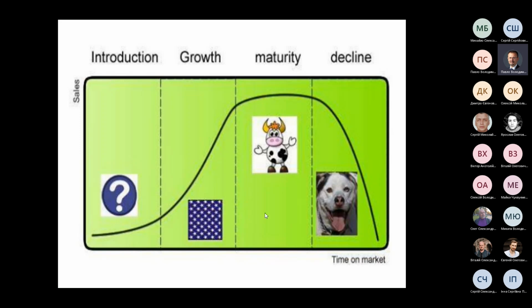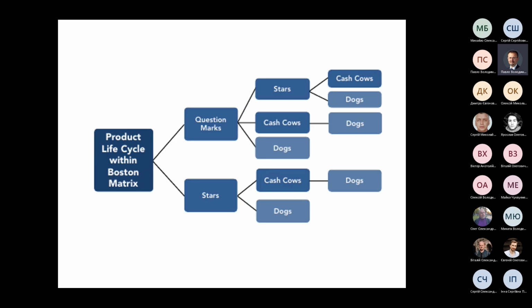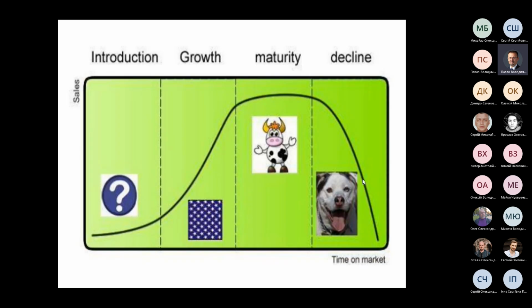And a couple of words about every strategy. Generally, the life cycle is presented here. If we have a star and we are supporting this business, it becomes a cash cow, and then it will become a dog, because I told you any market will decline sometimes.